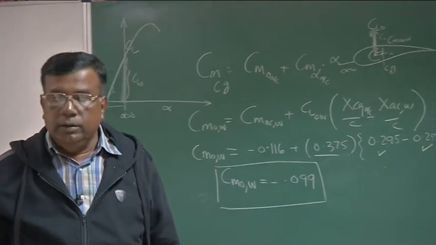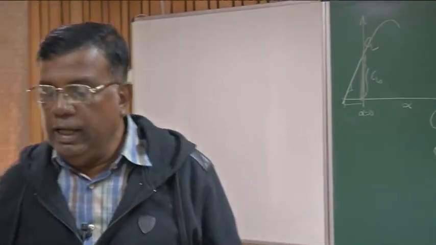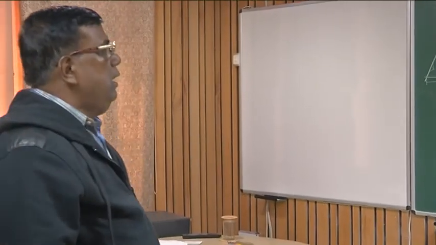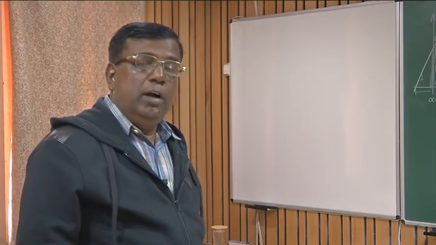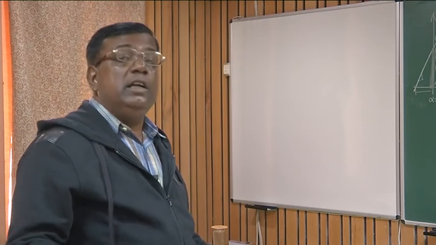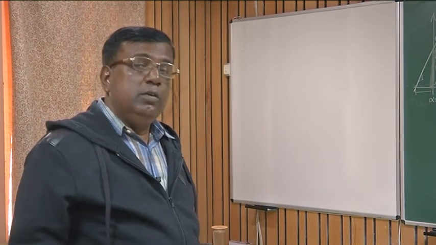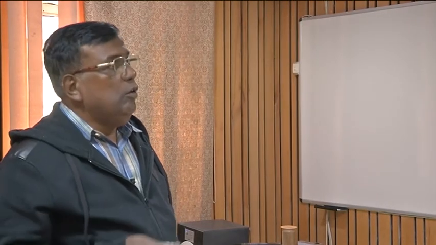If CM naught wing is minus 0.099, then you know one thing for sure, that finally I want CM naught to be positive. That means major contribution to our CM naught should come from where? From horizontal tail by giving a tail setting angle. And that is perhaps 1 degree tail setting angle was given. Let us check that. Okay.